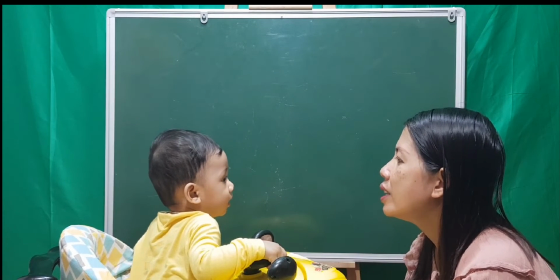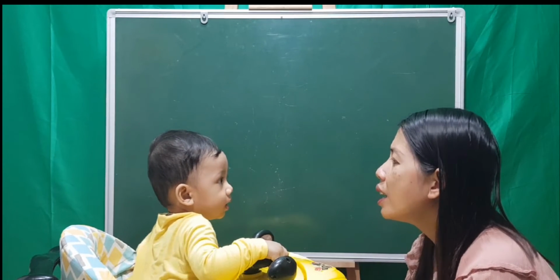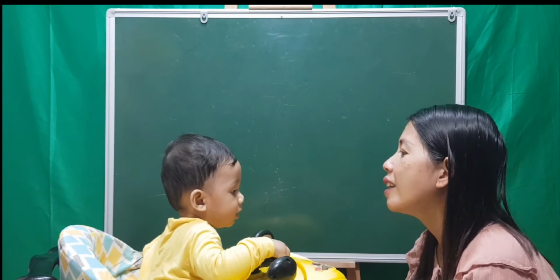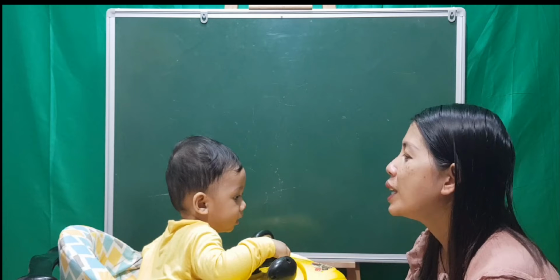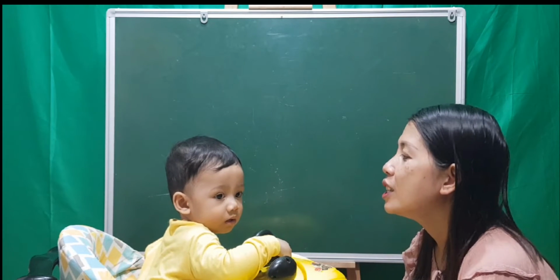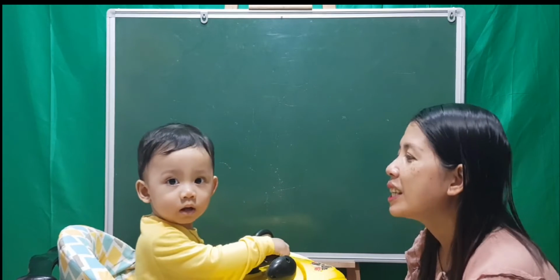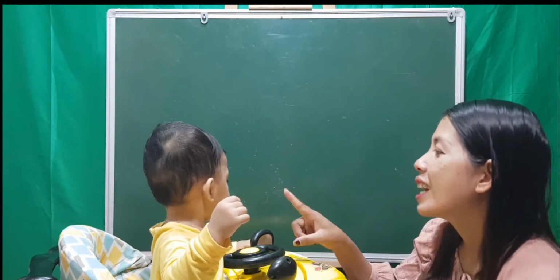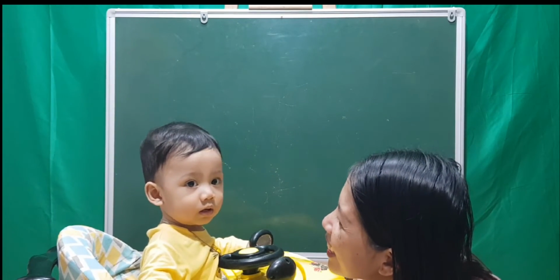A, B, C, D, E, F, G, H, I, J, K, L, M, N, O, P, Q, R, S, T, U, V, W, X, Y, and Z. Now I know my ABC. Yes, I want you to sing with me.